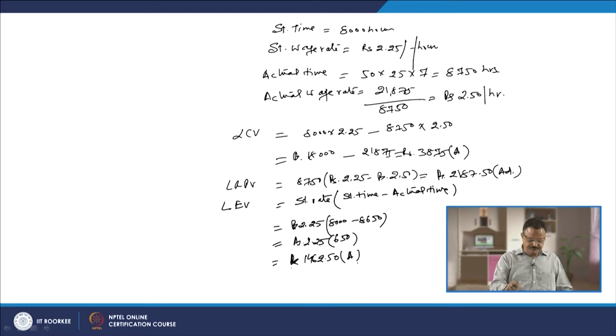The third variance is the LITV, labor idle time variance, which should be calculated separately just to find out how much was the abnormal idle time, which is not because of any shortage or inefficiency of the labor.